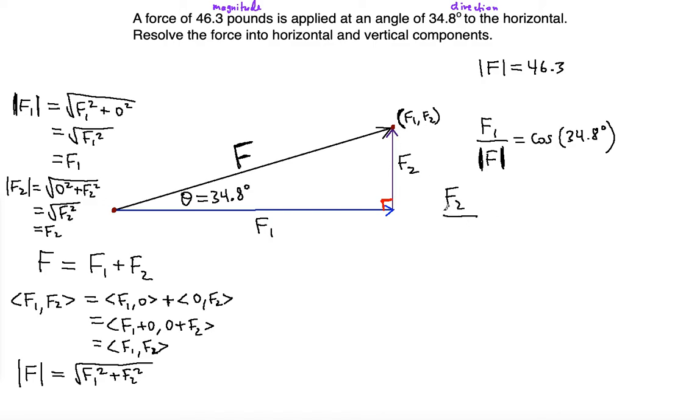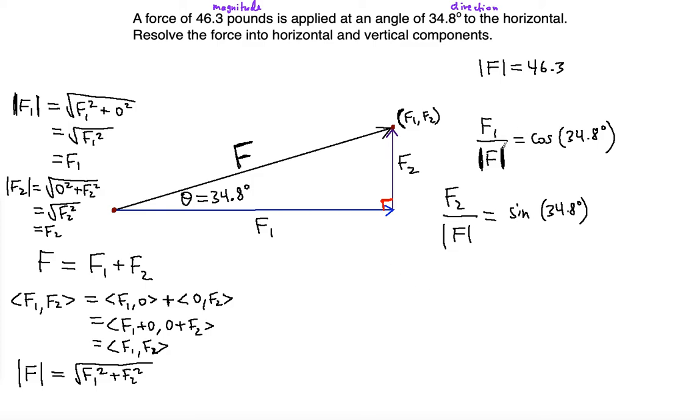Once again, don't get confused, because the magnitude of F2, the length of it, is itself. F2 is the vector itself, the coordinate F2, divided by the magnitude of F is equal to the sine, this time, of 34.8 degrees. Why sine? Because F2 is the opposite side in this triangle, opposite to this angle.